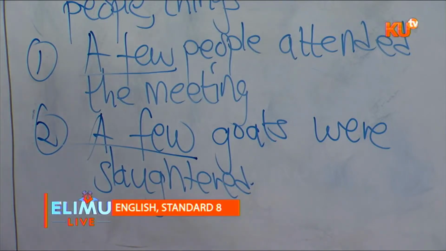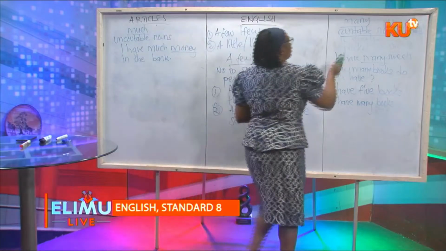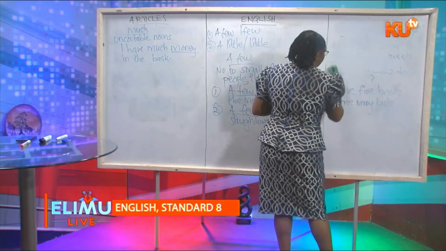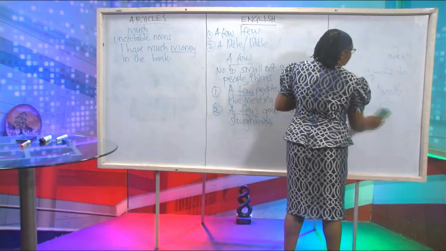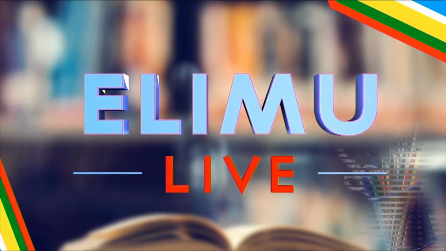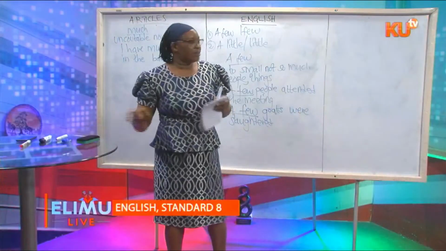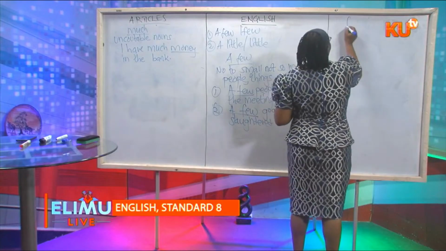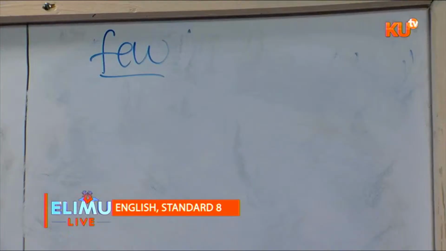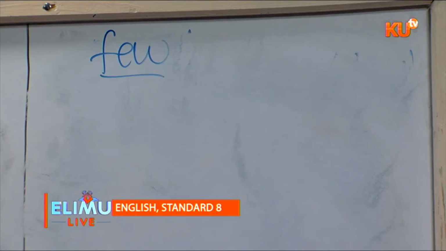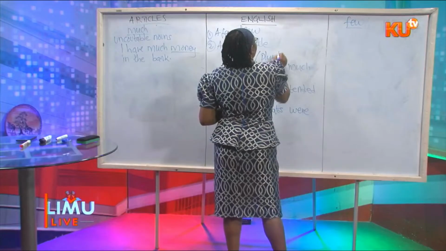Then we look at the use of the word few. The word few is another determiner which is usually confused with a few. You are going to see the way it is used and how to differentiate their uses. Now the word few is also used with plural countable nouns.